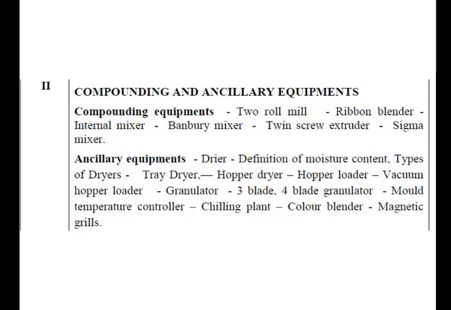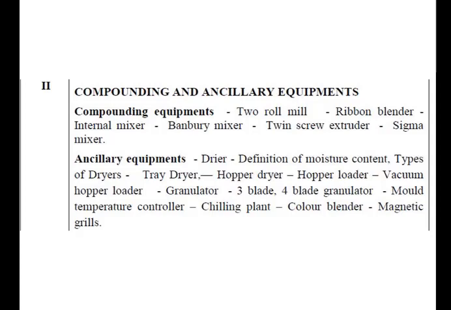Then in ancillary equipments, we will be discussing various dryers, the definition of moisture content, the type of dryers, particularly tray dryers and hopper dryer, then hopper loader, then vacuum hopper loader. Then we will be discussing granulators.